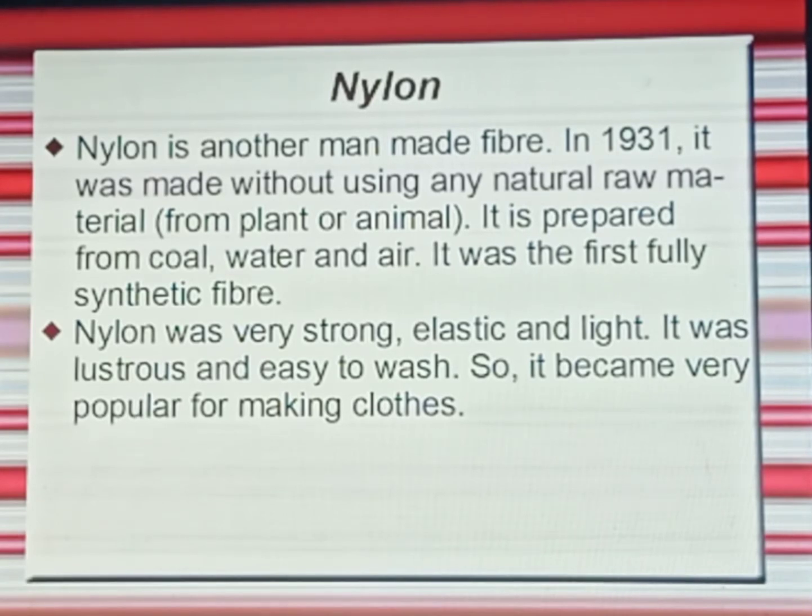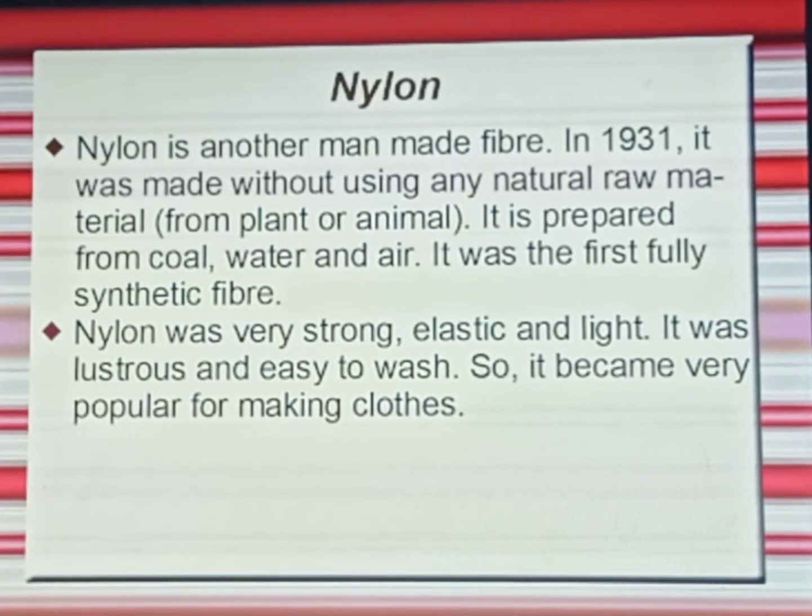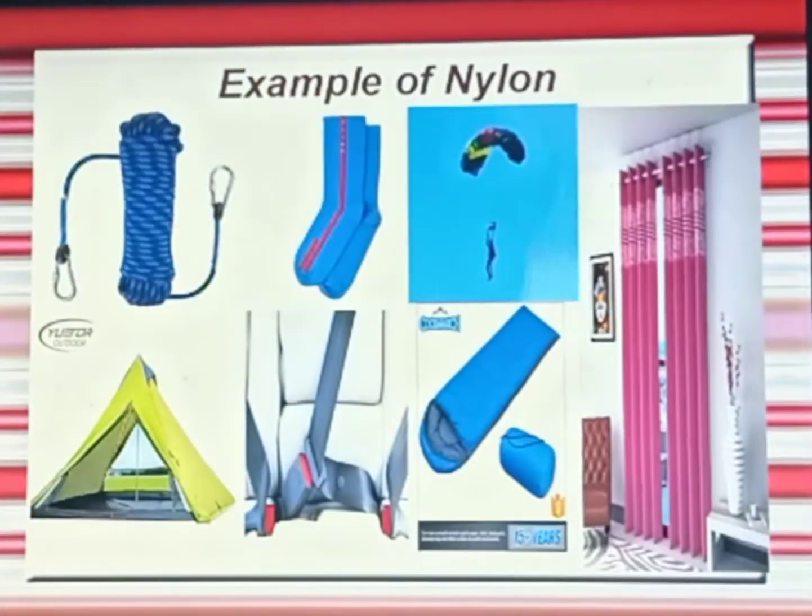So it became very popular for making clothes. You have to know that nylon is as strong as steel, and it is elastic and light also. That is why it was popular for making clothes. Now here are some examples of nylon.